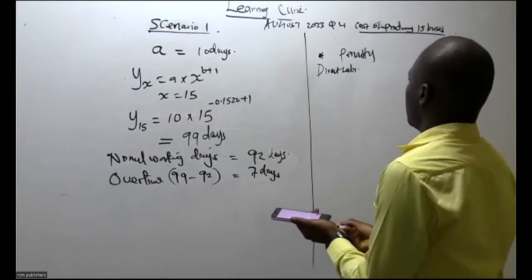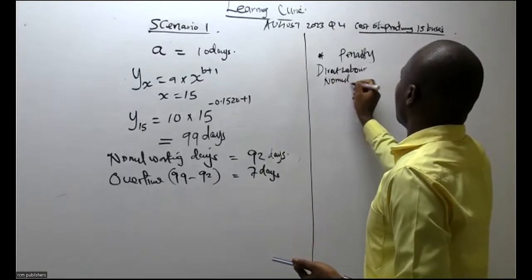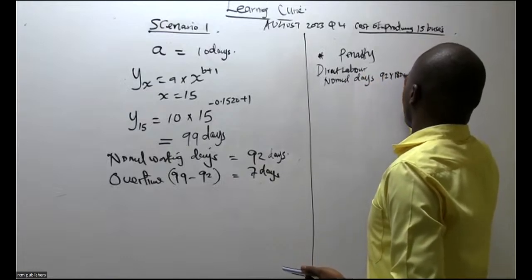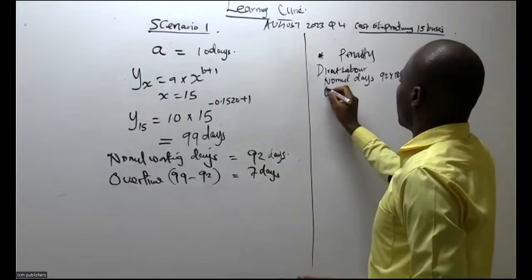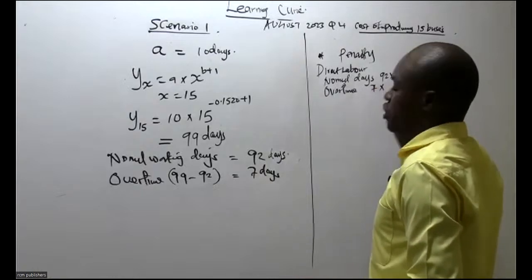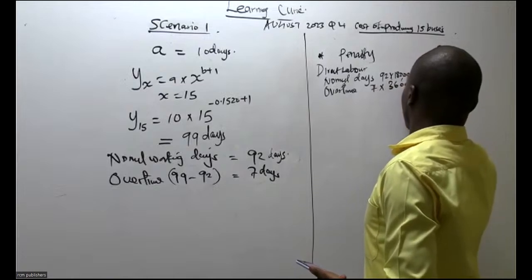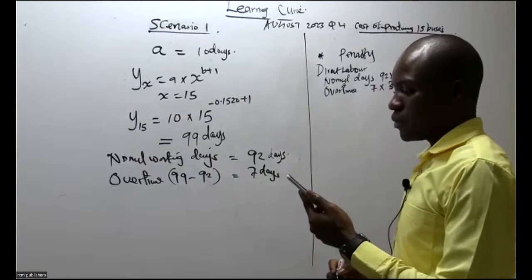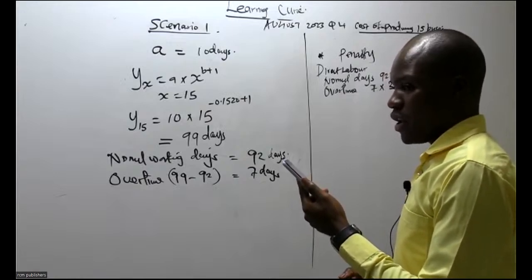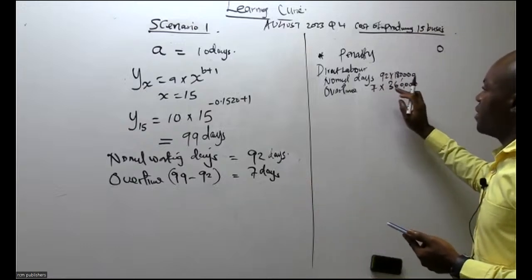Let me put it here, direct labor. Normal days, we are told is 92. I've identified that overtime is 7 days. We multiply by 360,000. So have we been able to get the figures? 92 by 180, then 7 by 360.